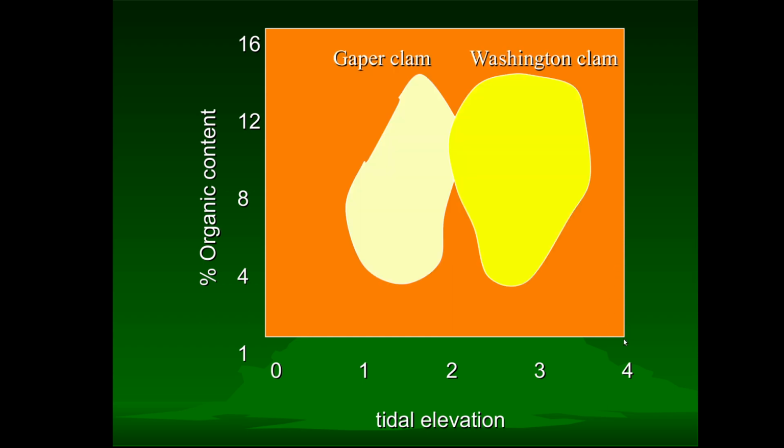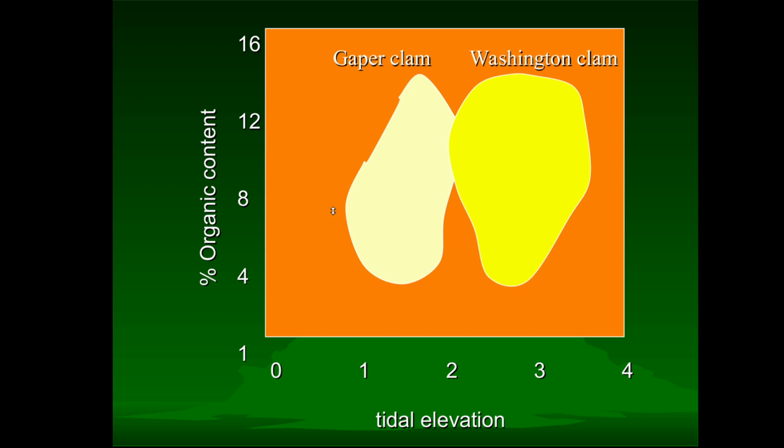Second, niches occupying the same spatial area, for example, a sandy beach or rocky intertidal habitat on some coastline, are not distributed at random. They tend to overlap each other less than would be expected by chance. For example, clams in estuaries. Washington clams and gaper clams occur along the same range of percent organic content sediments, but they occur at different tidal elevations.